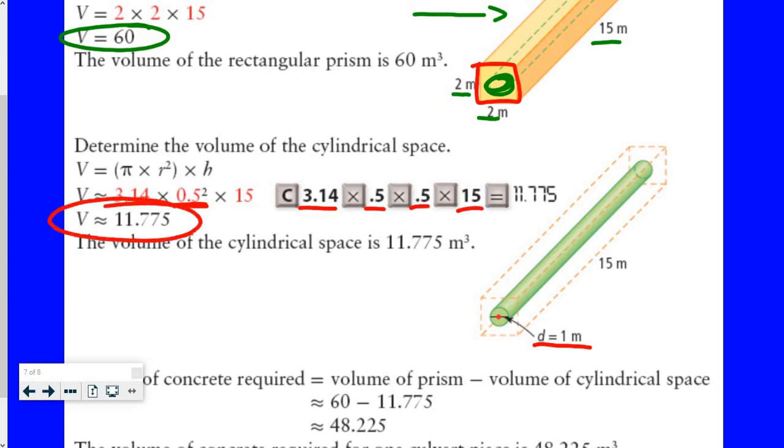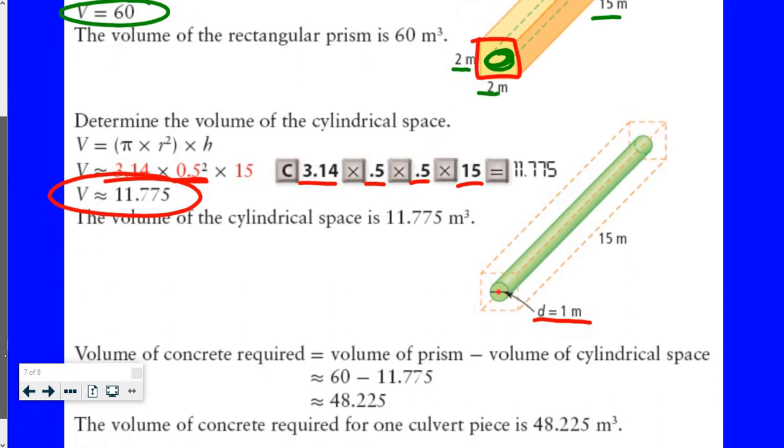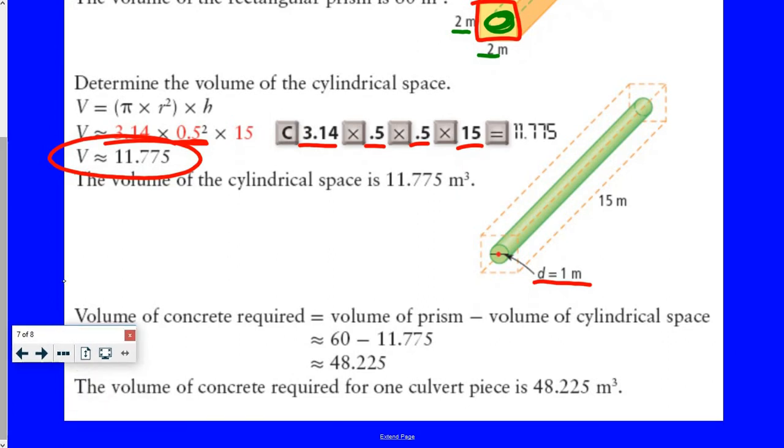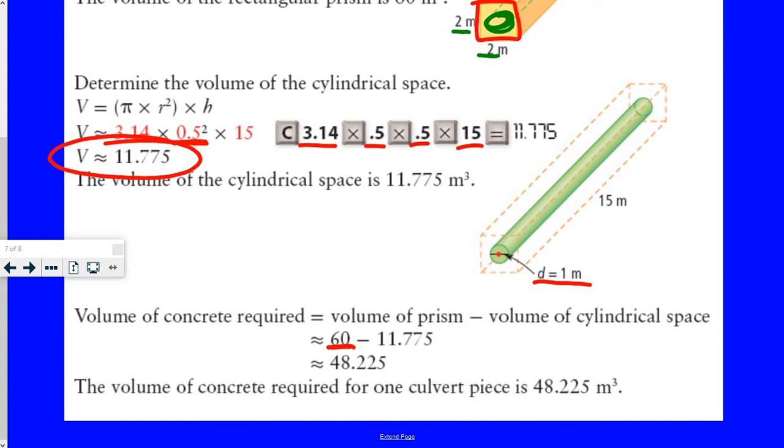The volume of that equals 11.775. Now that we know the volume of both, the volume of concrete required is 60 minus 11.775. So the volume of concrete required for one culvert piece is 48.225.